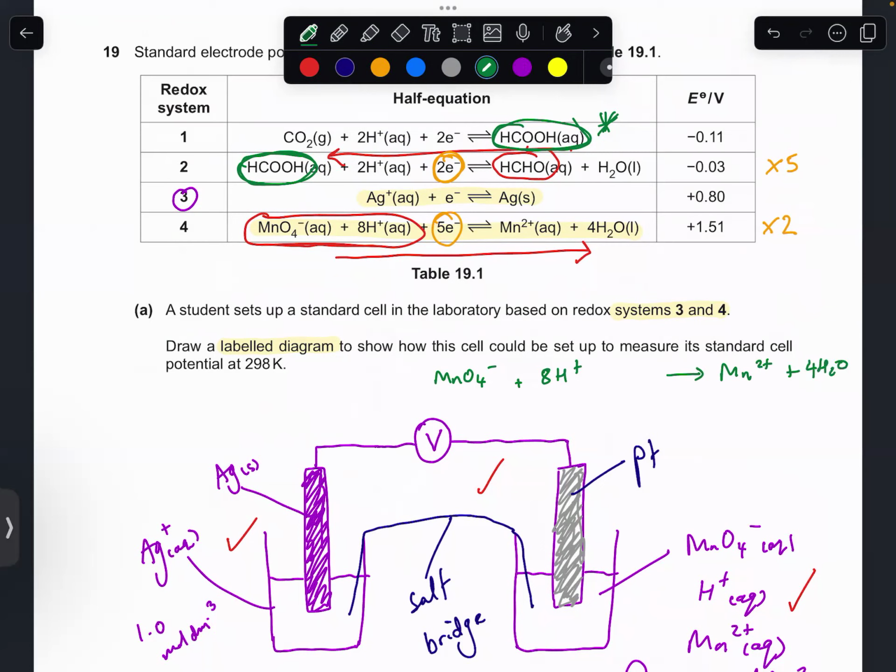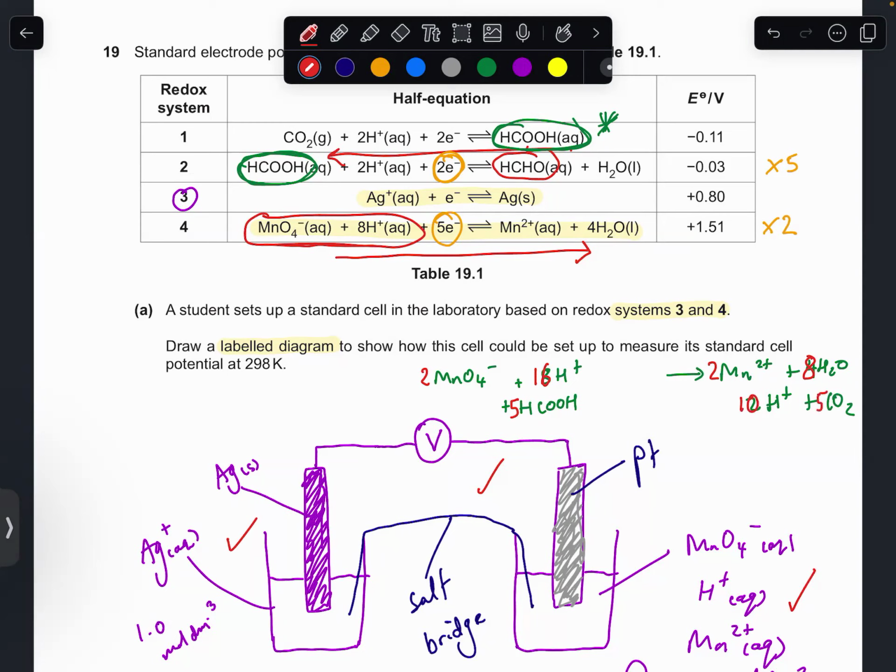Methanoic acid, HCOOH, goes on to give you 2H plus and CO2. And to balance, we multiply this by 2 and the other one by 5 to balance the electrons. 5, that becomes a 10, that becomes a 5.